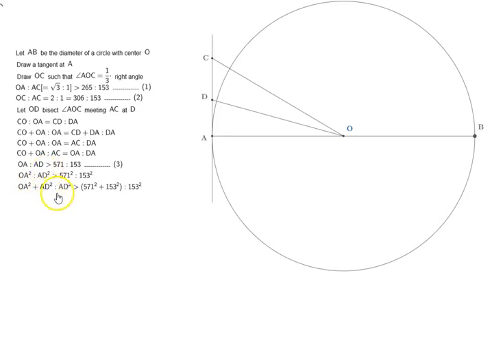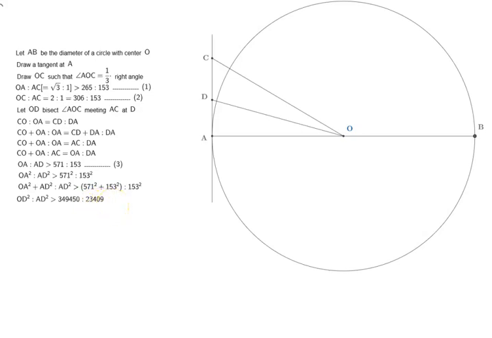OA square plus AD square is to AD square is greater than 571 square plus 153 square is to 153 square. Now OA square plus AD square is equal to OD square. So OD square is to AD square is greater than, and here we simplify this to get 349450 is to 23409.